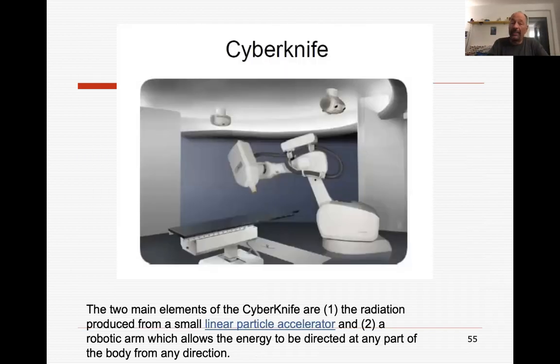The third one is the CyberKnife. In the CyberKnife, you really have the accelerator which can move in the complete space, in 6D if you want, because it can move in space and can rotate completely.